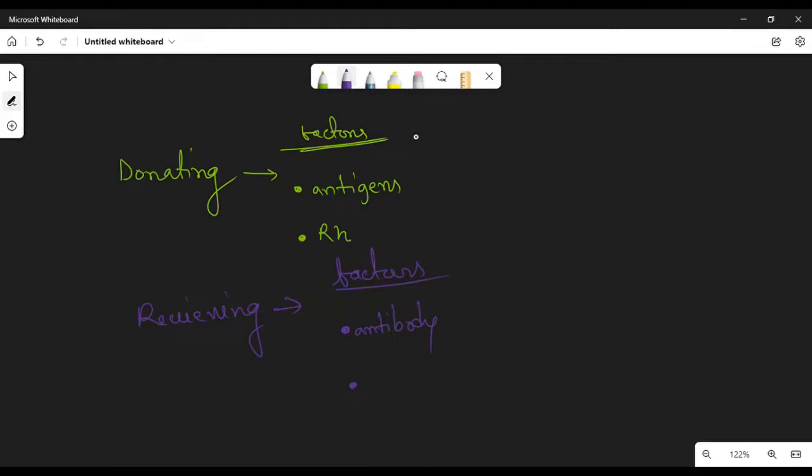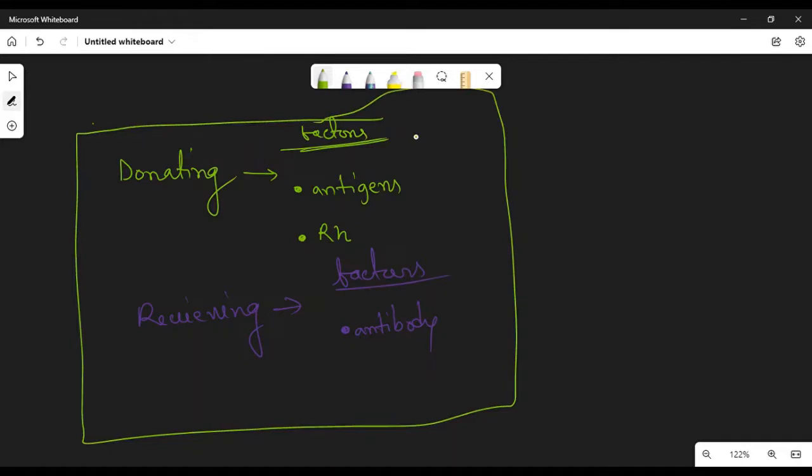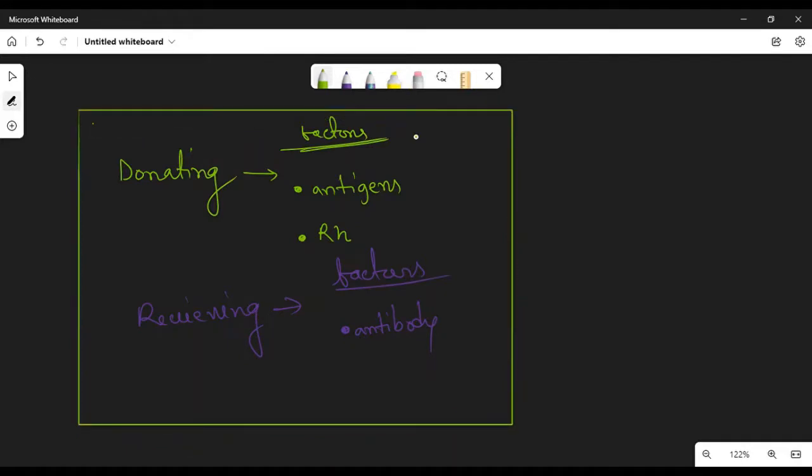So we need to keep in mind the antibody. So remember these things, these are very important: in donating, antigen and Rh factor are the factors, and in case of receiving, the antibody plays a great role.